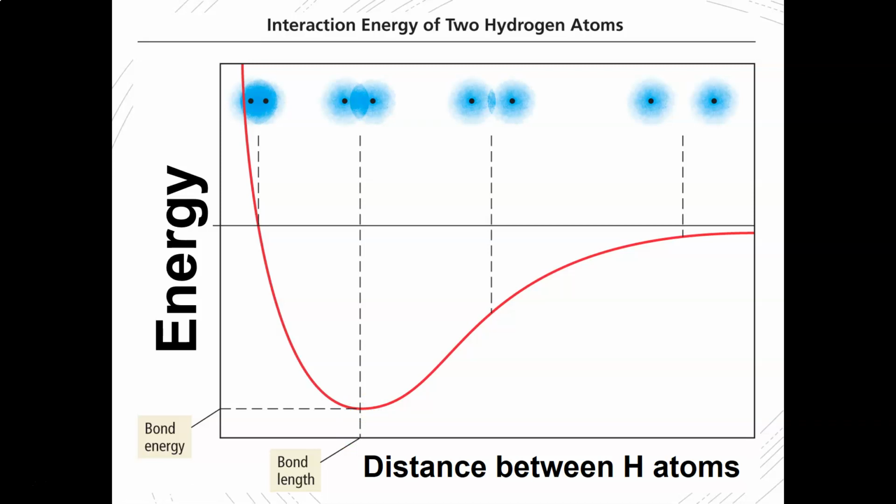Or if you want to know how strong the bond is, you can see where the bond energy would be. Okay? I don't expect you to know what this would look like or the numbers for any particular atoms. If I give you a graph, I do expect you to be able to explain it or to show me what the bond length or the bond energy is by using the graph.